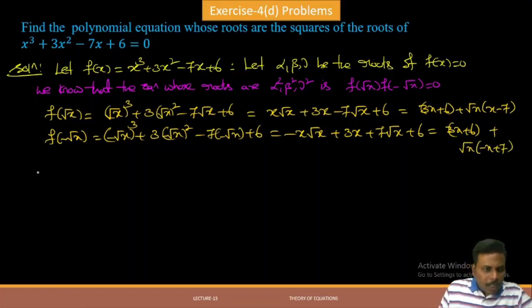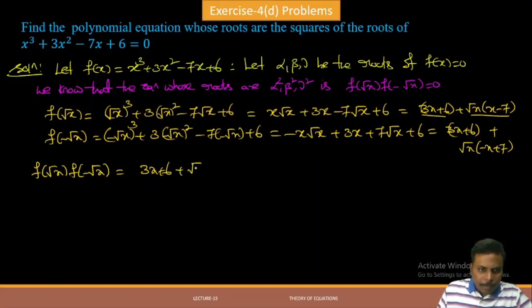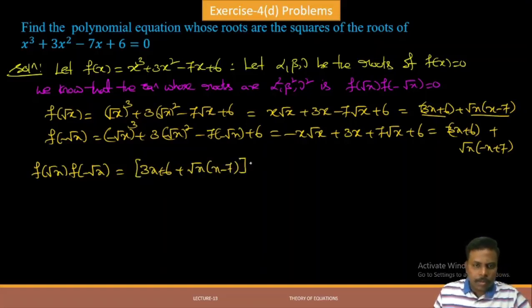Yeah, let us find out f of root x into f of minus root x. Let me write f of root x first. So this is 3x plus 6 plus root x into x minus 7. So this is my f of root x.